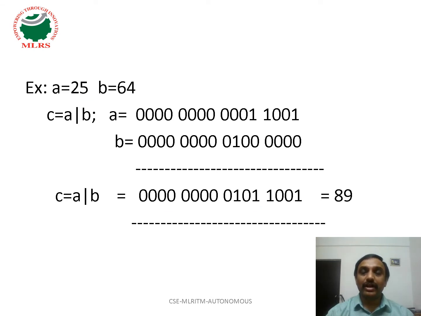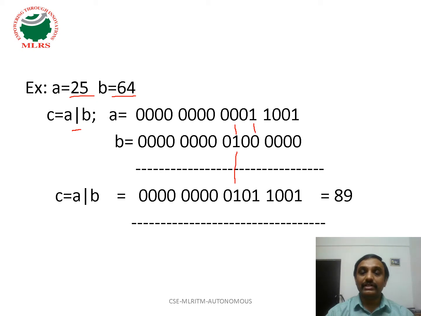Here also we have to convert given inputs into binary form. After that we have to apply the bitwise OR operator. In the case of bitwise OR, if any one input is true, then the result is 1. Here you observe 0, 1, so the result is 1.